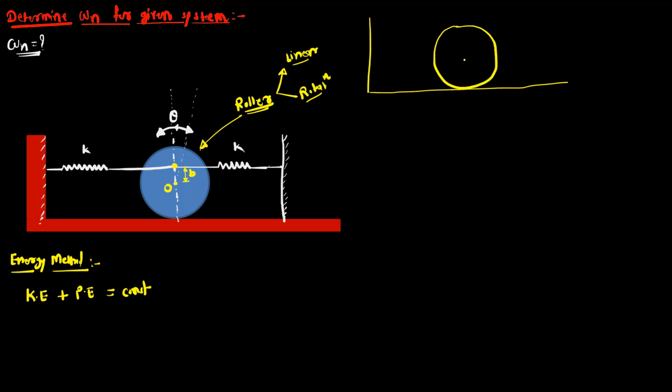So let us assume this is the initial position of that roller. Okay. So it is constrained to this fixed wall with the help of the spring. Then we apply a small initial torque. So because of this torque, this roller will roll by angular displacement theta.